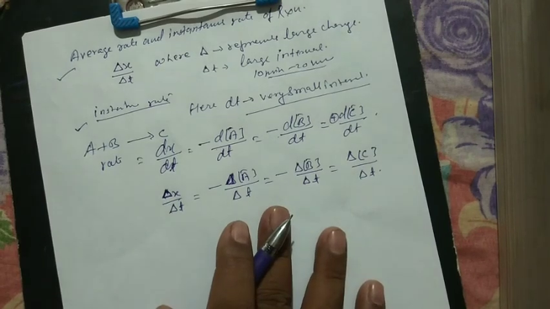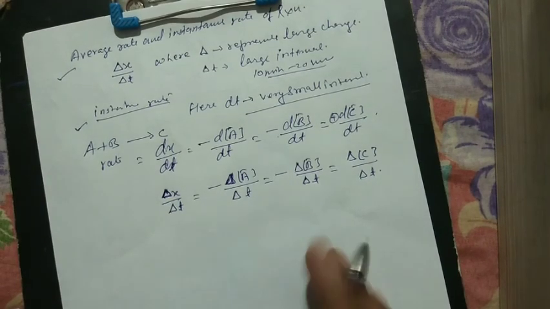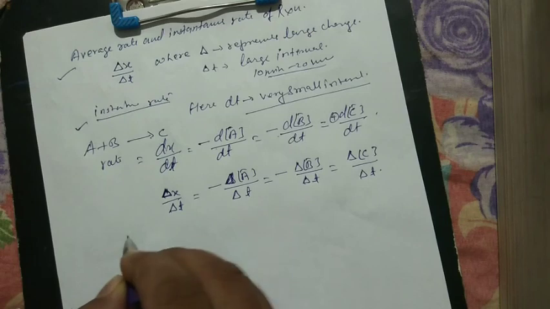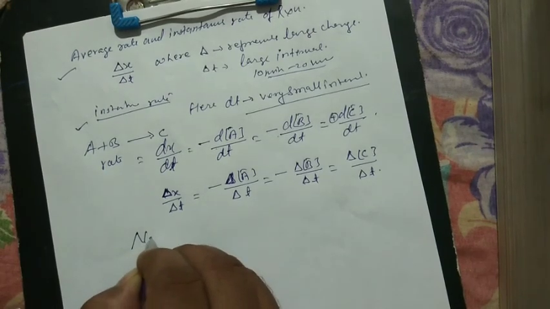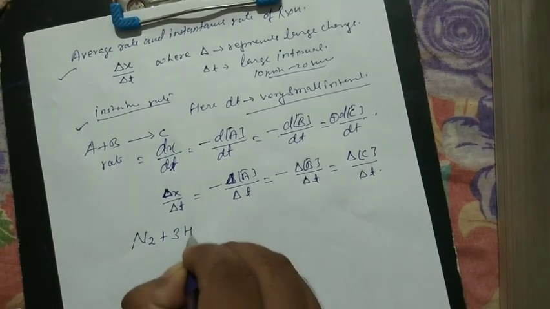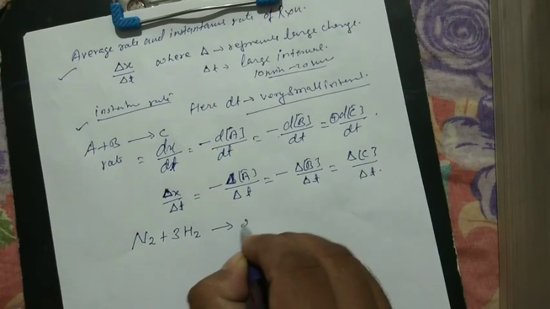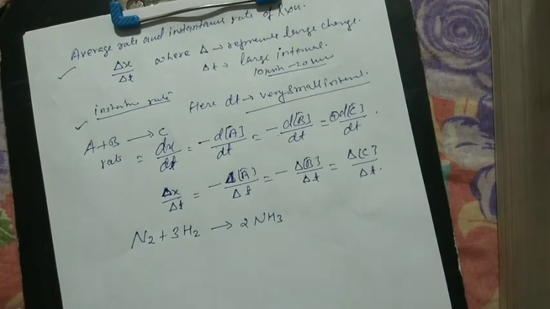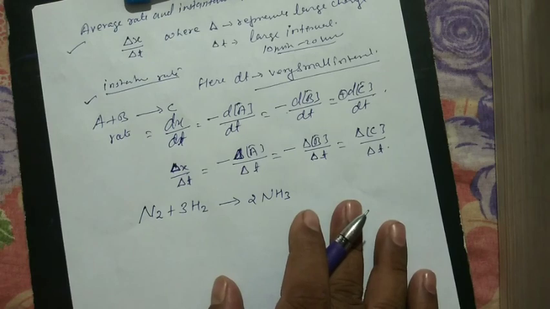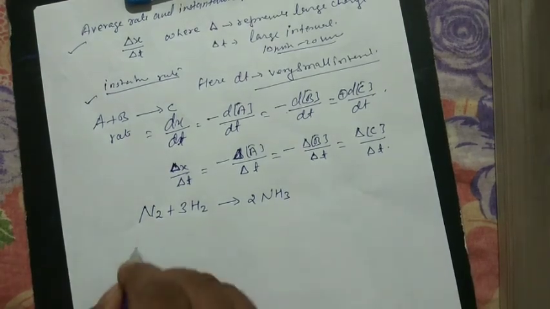Now write the rate of reaction for N2 plus 3H2 gives 2NH3. How do we express this reaction?